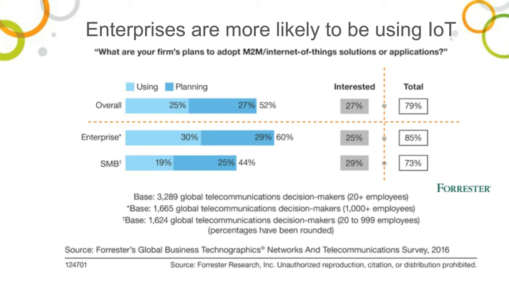Their findings overall were that 25% were using machine-to-machine or Internet of Things solutions or applications, and 27% are planning to do that. That's making a total of 52%. When you combine the interested parties of 27%, that makes an overall total of 79% interested in using or planning IoT solutions.